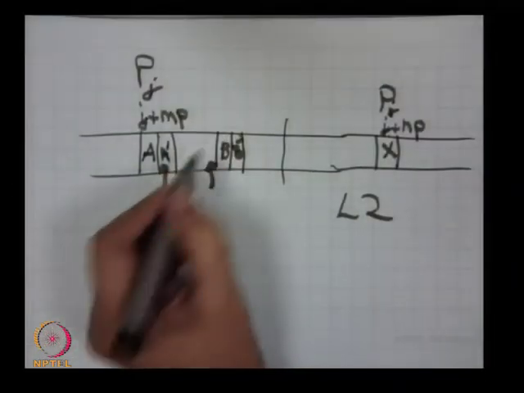Everything before x, right? Everything before x that Pj had. How many things did Pj have that were before x? This is the ith block. I things, right?